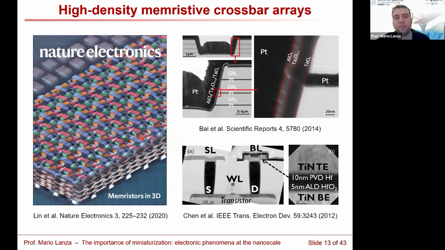In fact, they can also be fabricated in a three-dimensional structure, and this can be done by putting the bottom electrode in this way, separated by, one on the other.